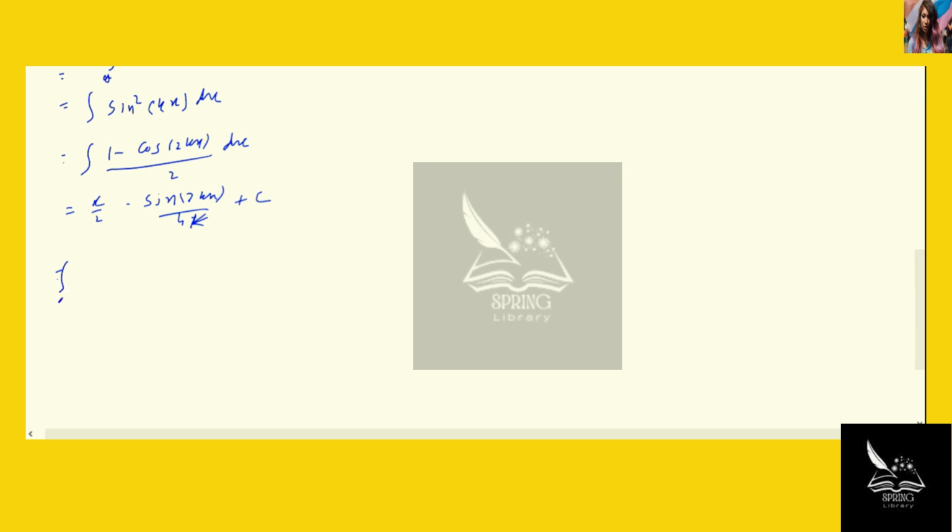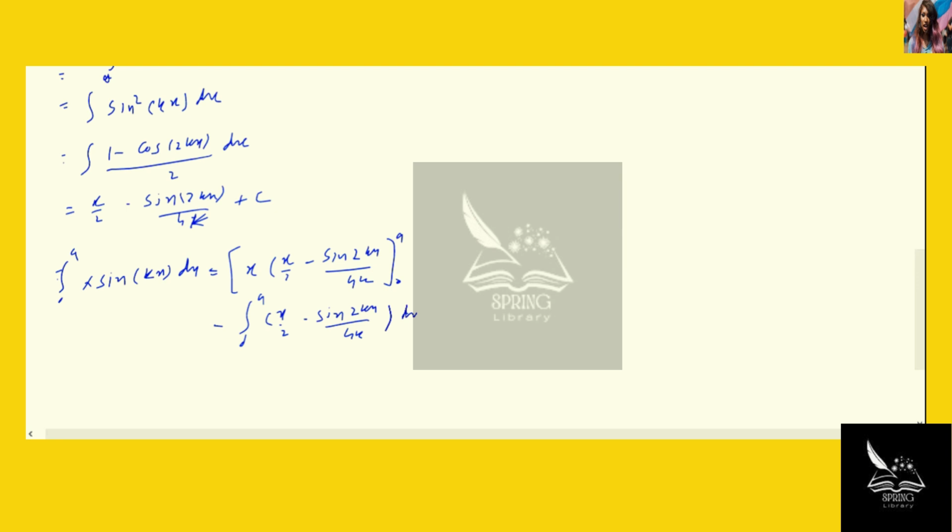Therefore the above integral, which is 0 to a of x sin squared kx dx, is equal to x into (x out of 2 minus sin 2kx divided by 4k) with the limit from 0 to a, minus the integral from 0 to a of (x out of 2 minus sin 2kx divided by 4k) dx.